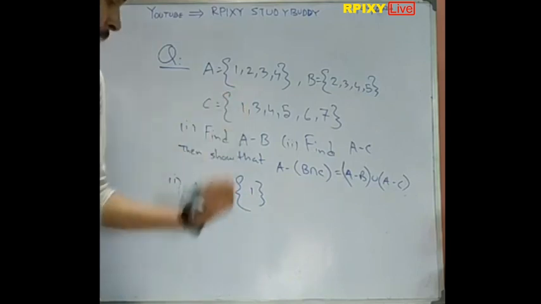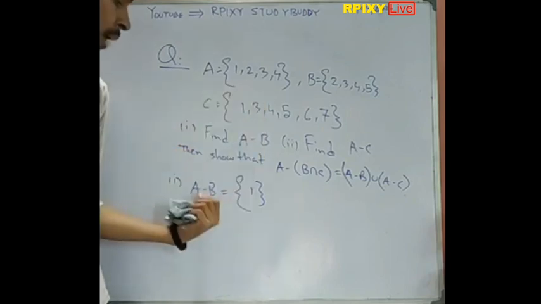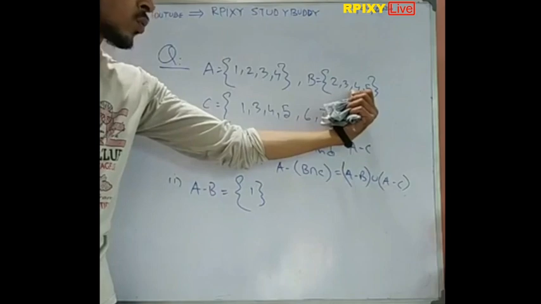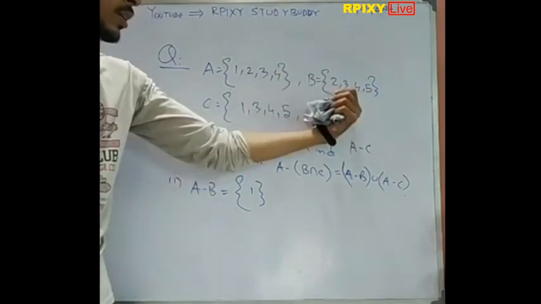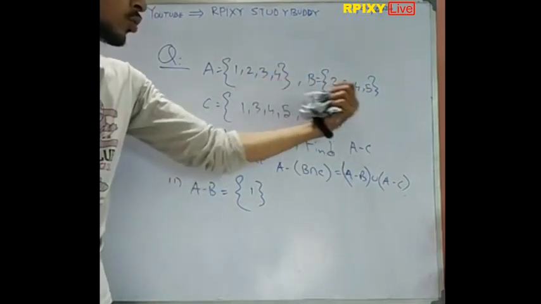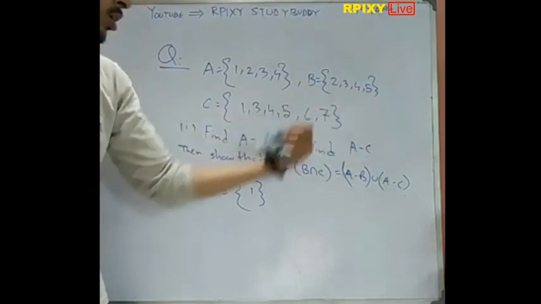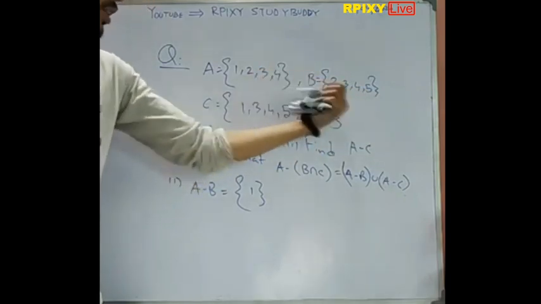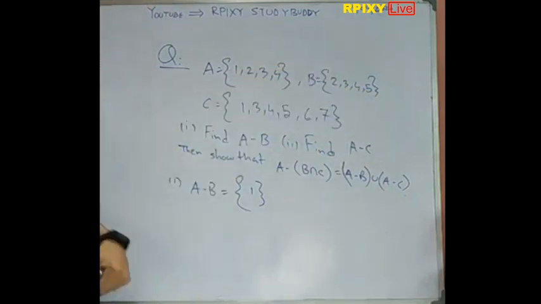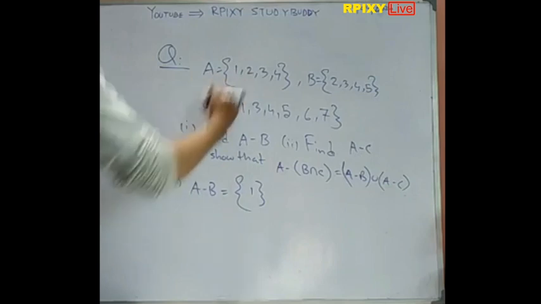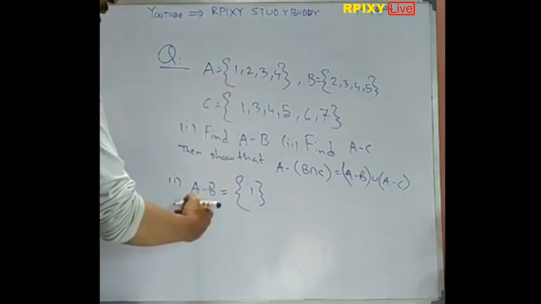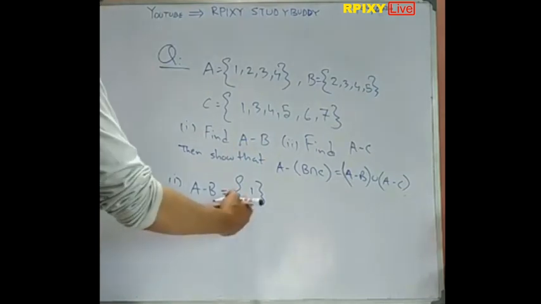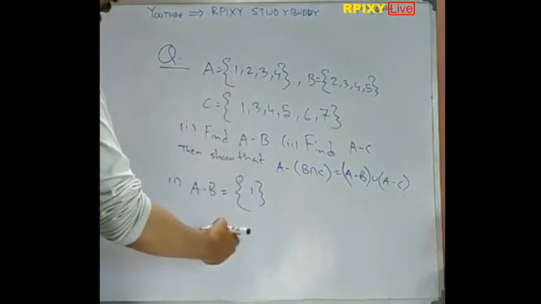Again, I am repeating it: A minus B means eliminate the elements of B which are common between A and B, that is 2, 3, 4, and write the remaining elements of A. So A minus B is only a set having the element 1.